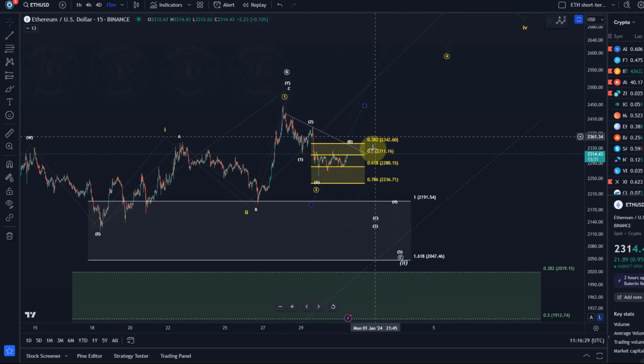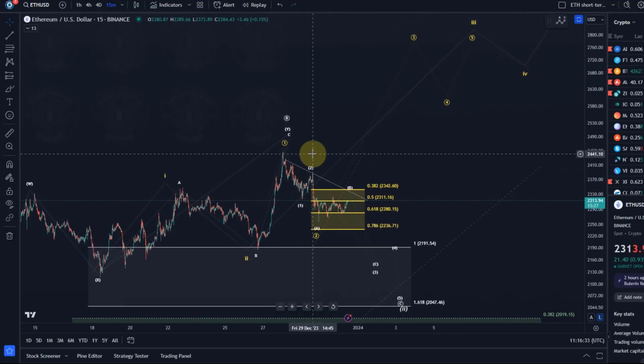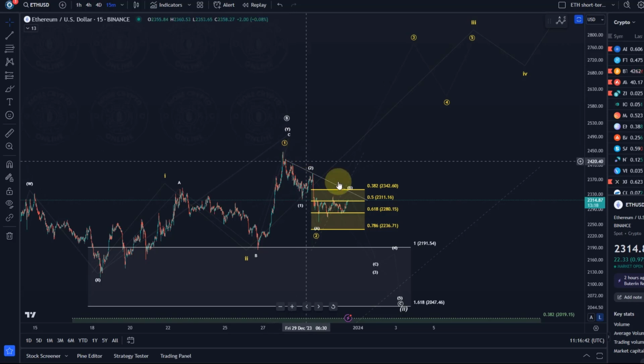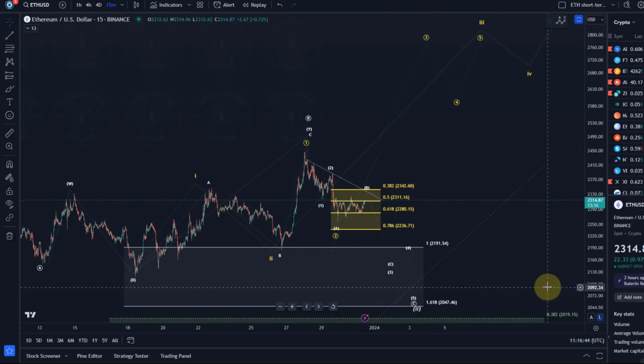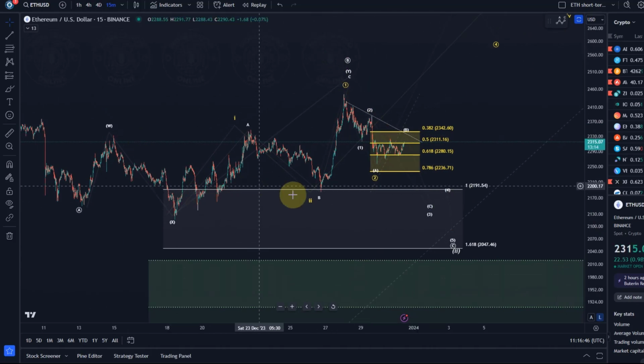Obviously the third wave or the yellow wave count will be confirmed once we get a 5-wave break above the wave 1 high here at 2,446. Again, I don't see it as unlikely, but as less likely, because on the way down in this correction, the ideal Fibonacci levels for the wave 2 correction haven't even been reached.